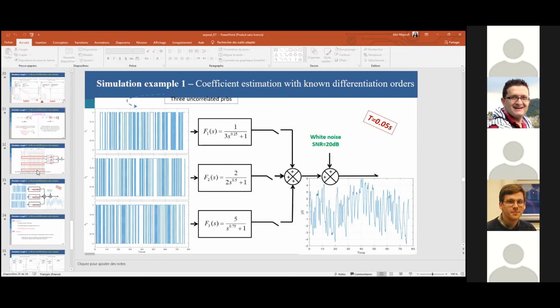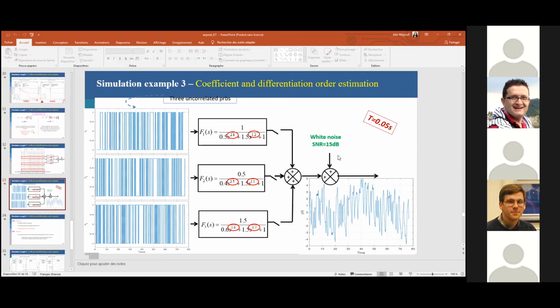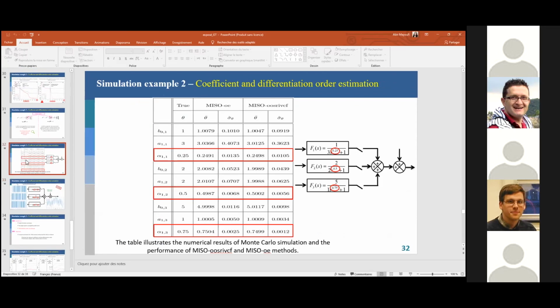So I have a question. You showed that it converges to the right parameter, but if you look at the variance of the two methods in the Monte Carlo simulation, why is the variance larger when you identify the system with the right model structure?